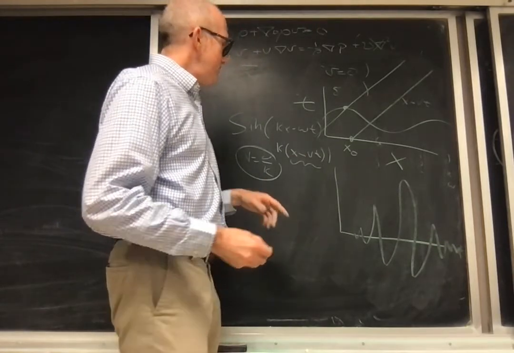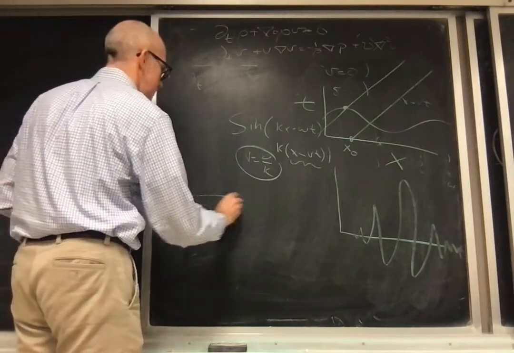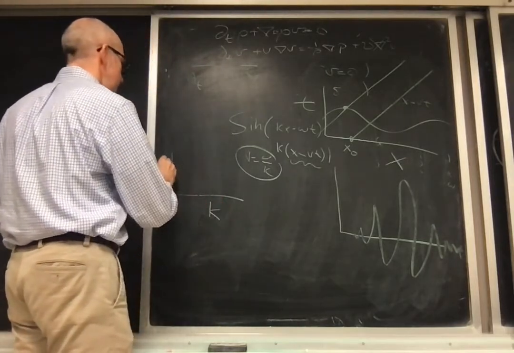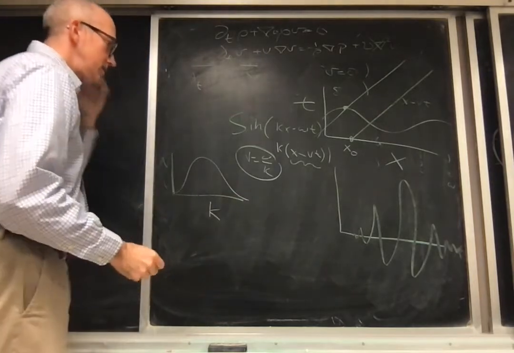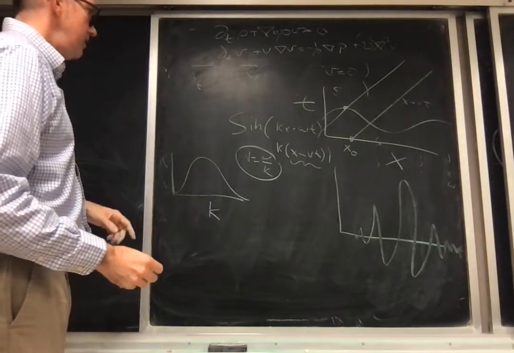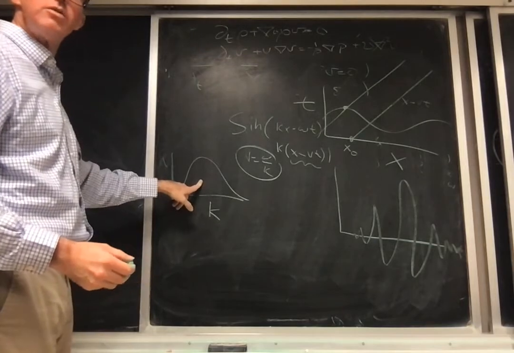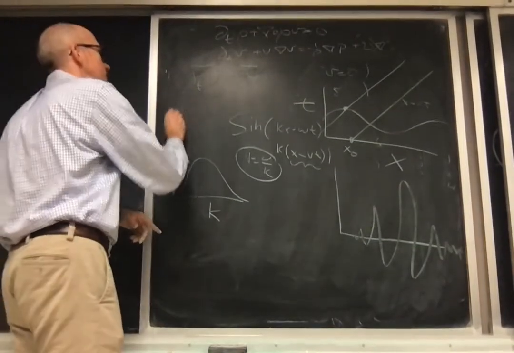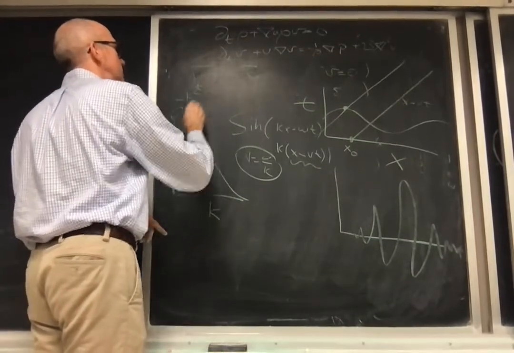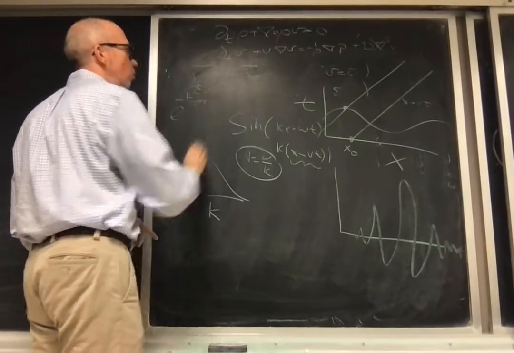And if I look at the distribution of frequencies in k space, if I have a Gaussian in my distribution of frequencies, Gaussian is just e to the minus k squared divided by some width.